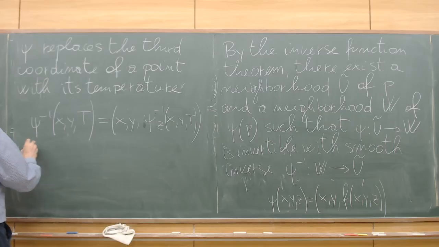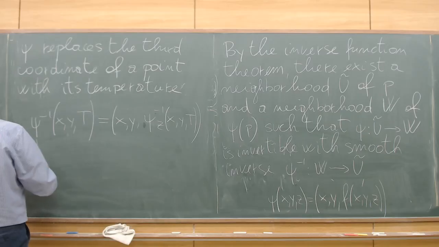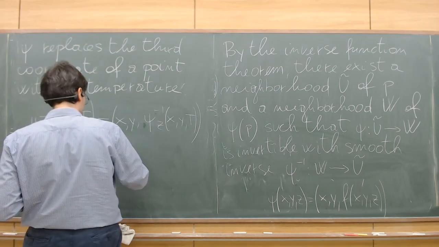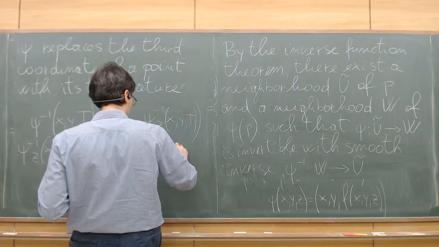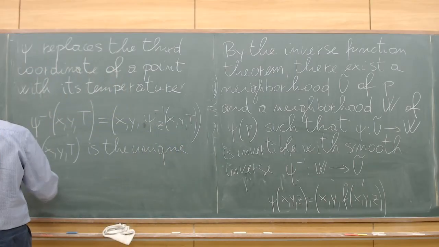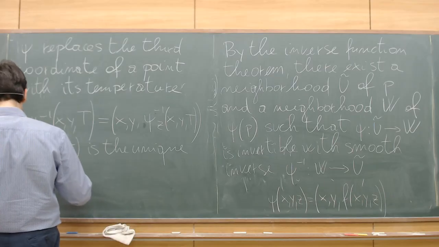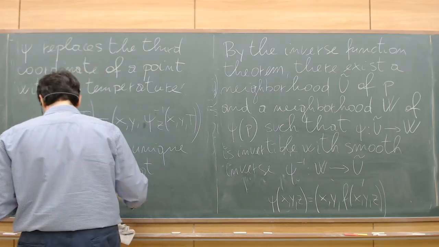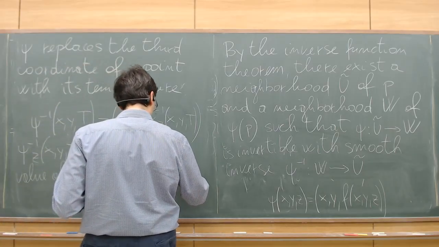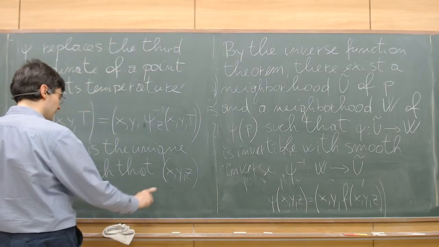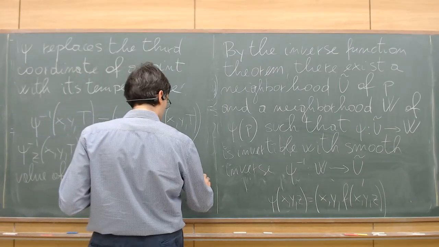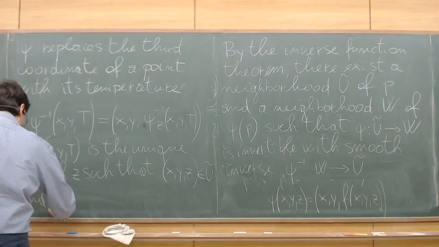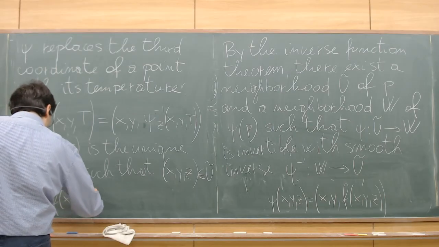Here, psi inverse z of x, y, t is the unique value of z such that x, y, z belongs to U tilde, and f of x, y, z is equal to t.